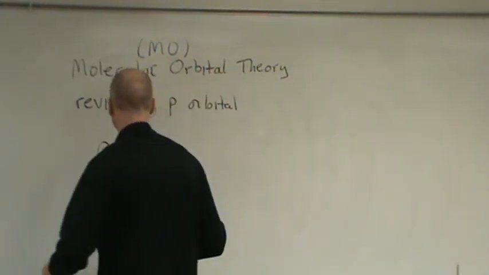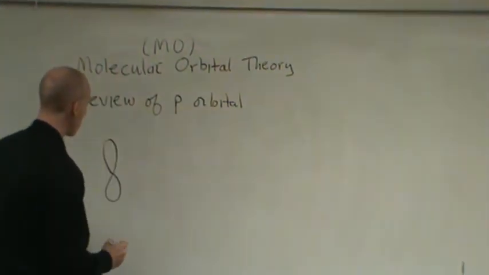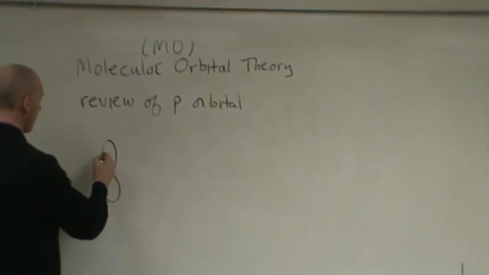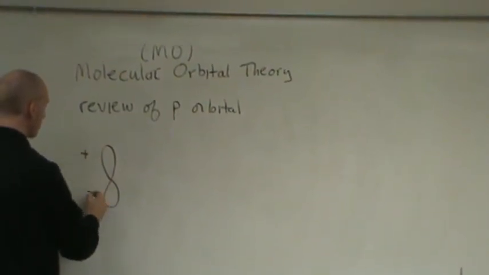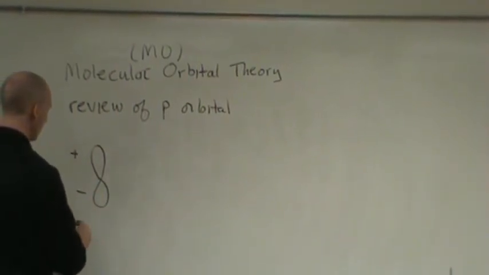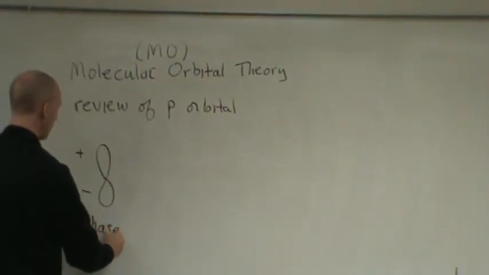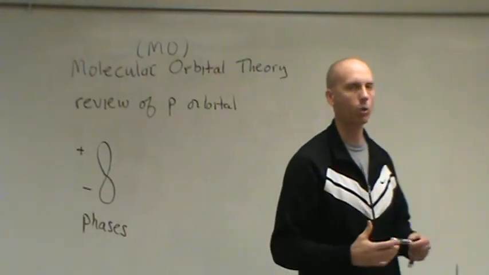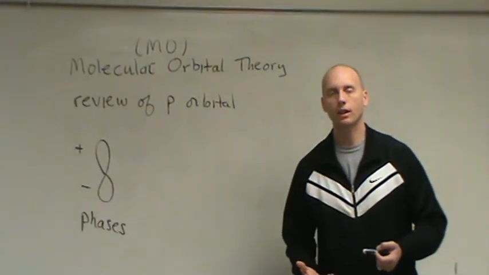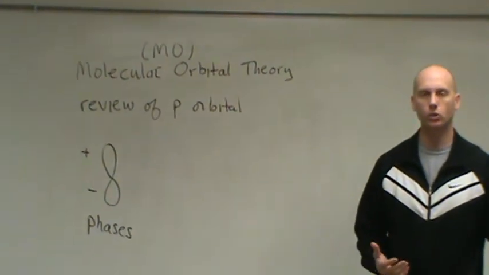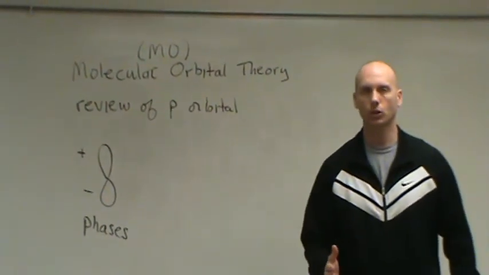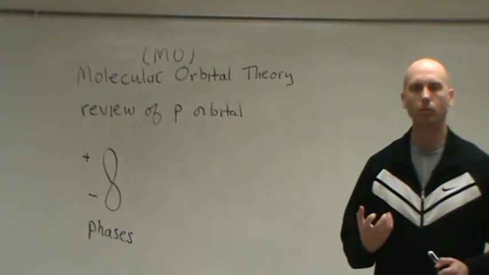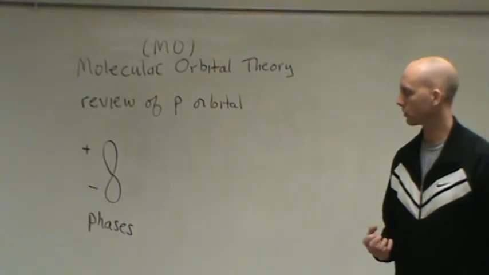When we draw this shape, we say that the two lobes have what are called different phases. That is, we can call one a plus phase and the other a minus phase. These have nothing to do with charges, so just get that out of your head right now. These are different phases of electrons.